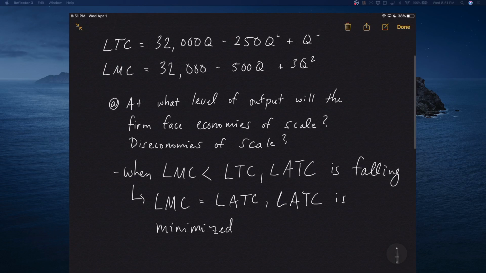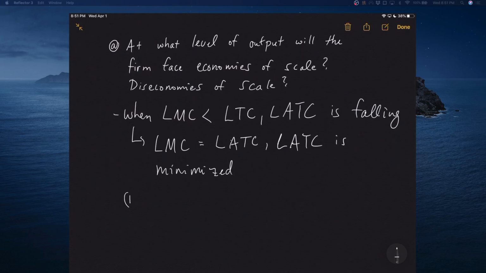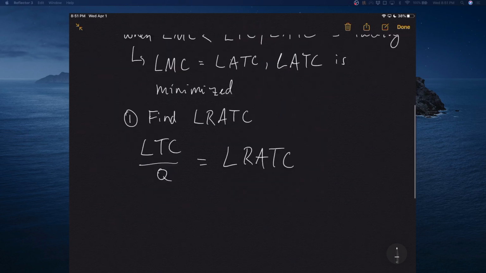So we have to first find the long run average total cost. In order to do that, we take our long run total cost and divide it by Q. That's our long run average total cost.